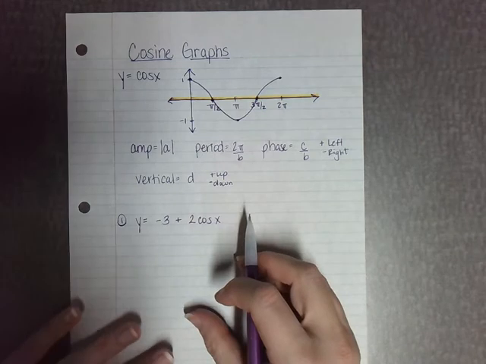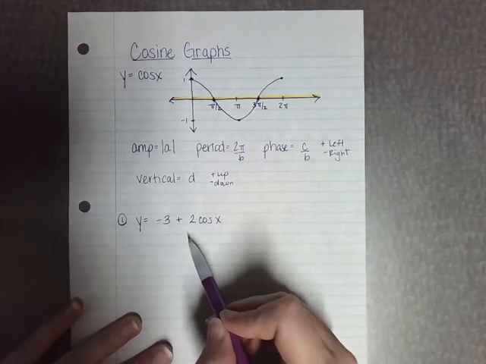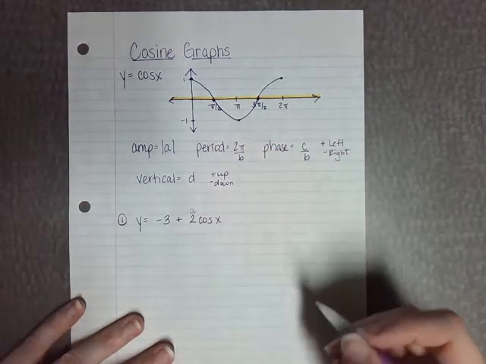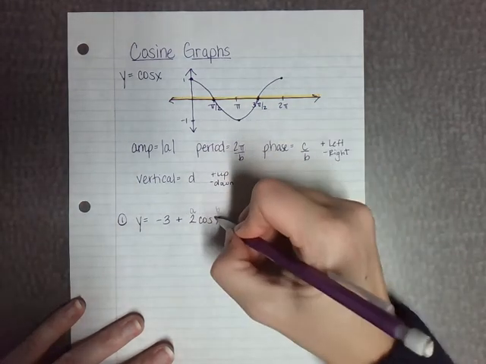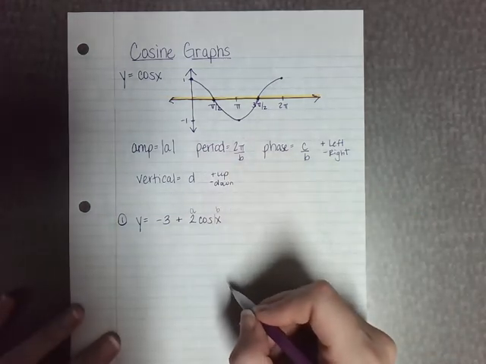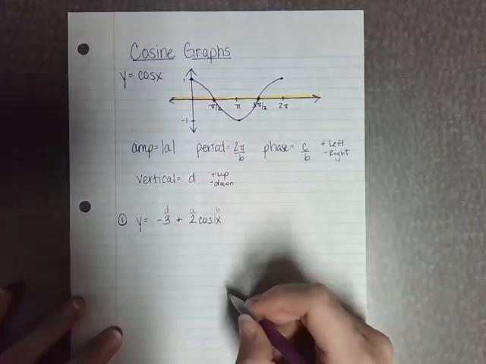All right, so for number 1, we have y equals -3 plus 2 cosine x. Okay, if we're labeling this, 2 is our A value. Our B value is an understood 1, since there's nothing in front of the x. We don't have a C value because we don't have parentheses. And our D value is the -3.